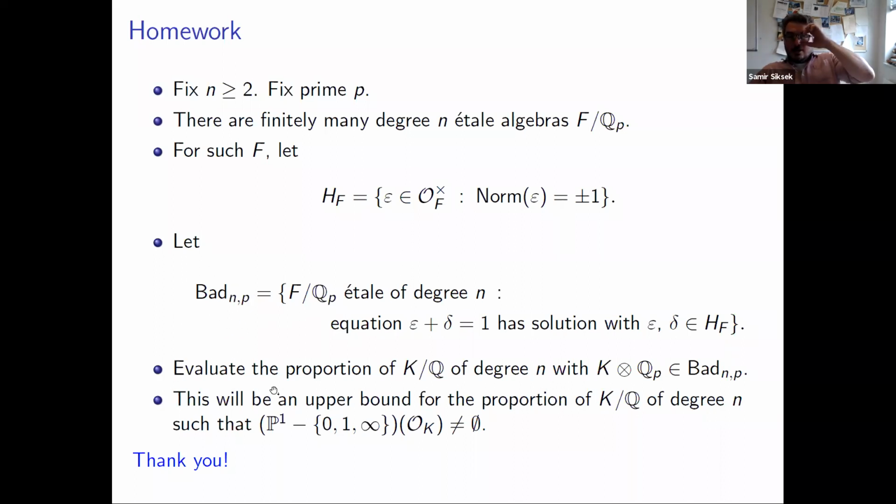Okay, now here's the hard part, which is to evaluate the proportion of number fields of degree n where, when you tensor K with Qp, you end up in the bad set.